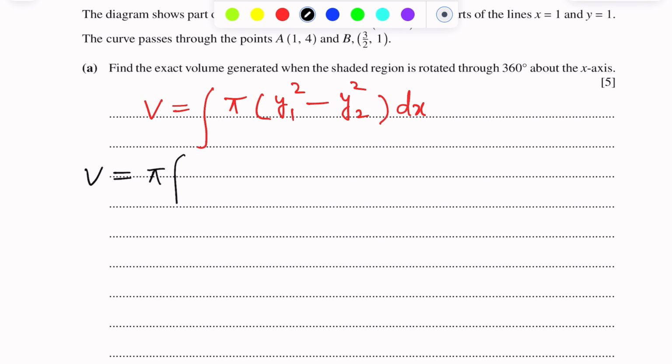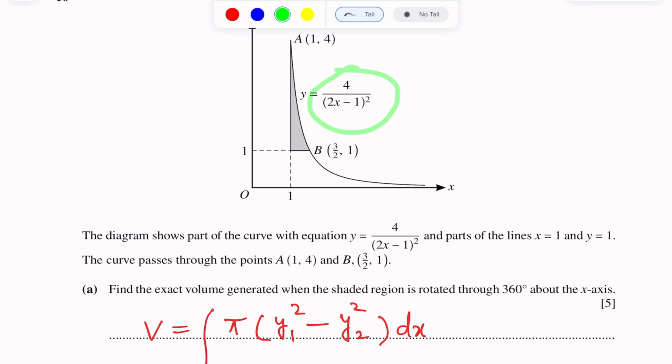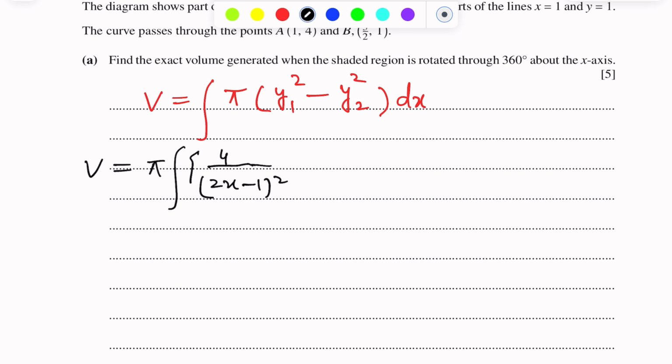We can take pi outside the integral sign. y1 square means the square of this 4 over (2x minus 1) whole square. We will take its square. So (4 over (2x minus 1) whole square) whole square, minus 1 square.